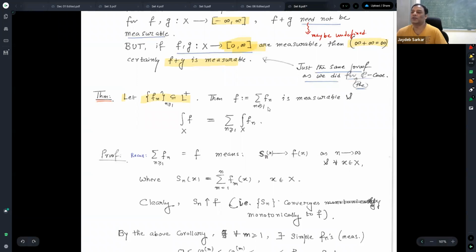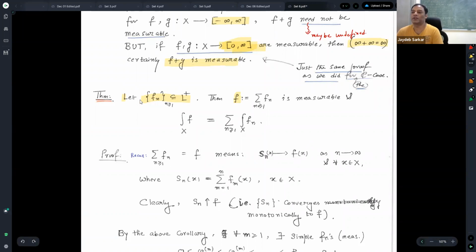So f is the sum of fn, then the result says that the sum is measurable, and the integration of f over x is the sum of the integrations. This is the consequence of MCT.